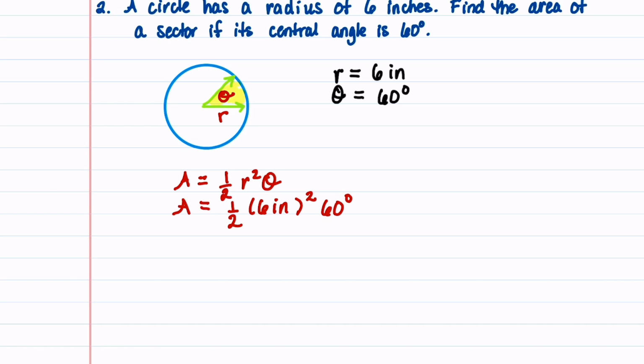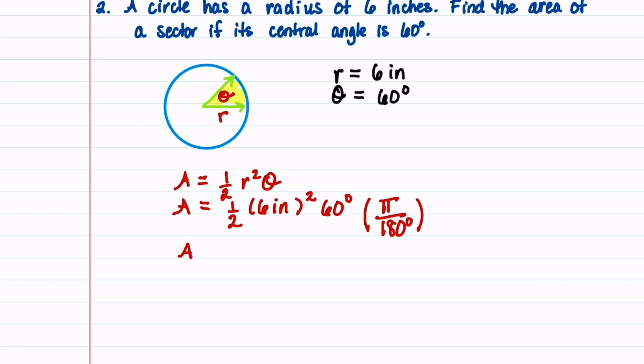Now here is where we're going to make our conversion. We need to convert 60 degrees to radians. So we're going to multiply by pi over 180 degrees. I have a video on converting between degrees and radians if you need to go and review that concept. So let's see here what's going to cancel.